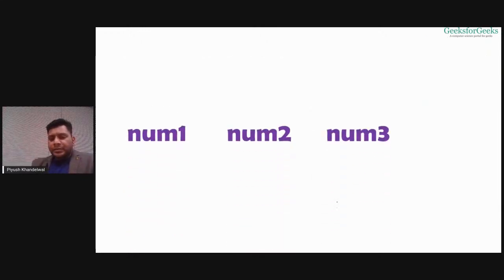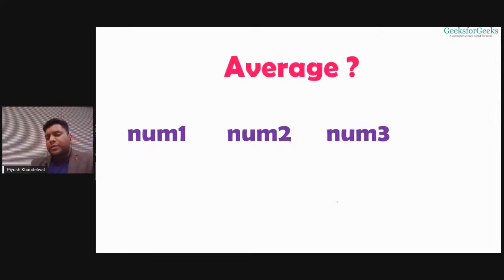But before that, you need to tell me: suppose I was given three numbers, num1, num2, and num3, and I want to compute the average of these three numbers. How do we do it? I simply perform the sum and divide the sum by 3, right? Now I'm assuming this expression, num1 plus num2 plus num3 divided by 3, will compute the average of these three numbers.